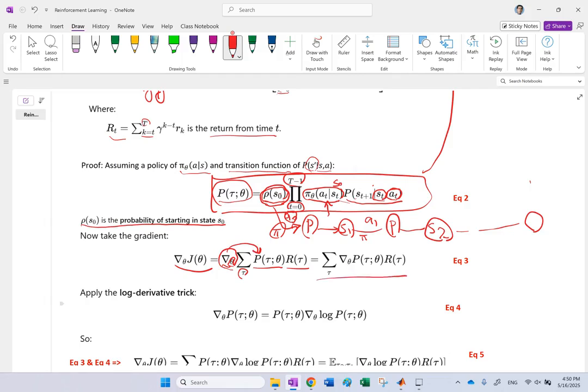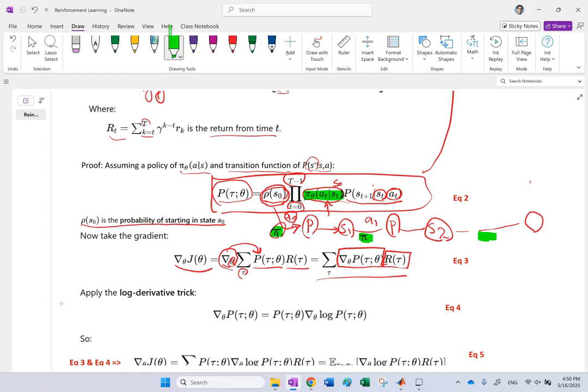Now, the thing is, this cumulative reward has nothing to do with theta. It's this transition probability that has theta in it. Where does it have theta in it? It has theta in these pi parts. This is where the thetas are showing up, and that is where you take those derivatives.